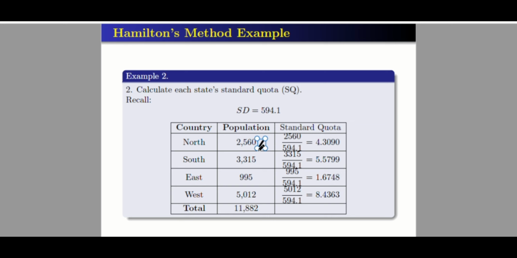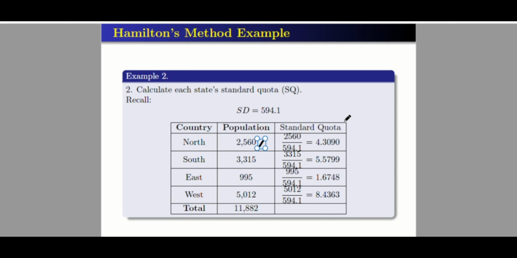For south, we have 3,315 divided by 594.1, so we have 5.5799. Next, we have 995 divided by 594.1. We have 1.6748. And last, we have 5,012 divided by 594.1. We have 8.4363. So these are now our standard quotas.